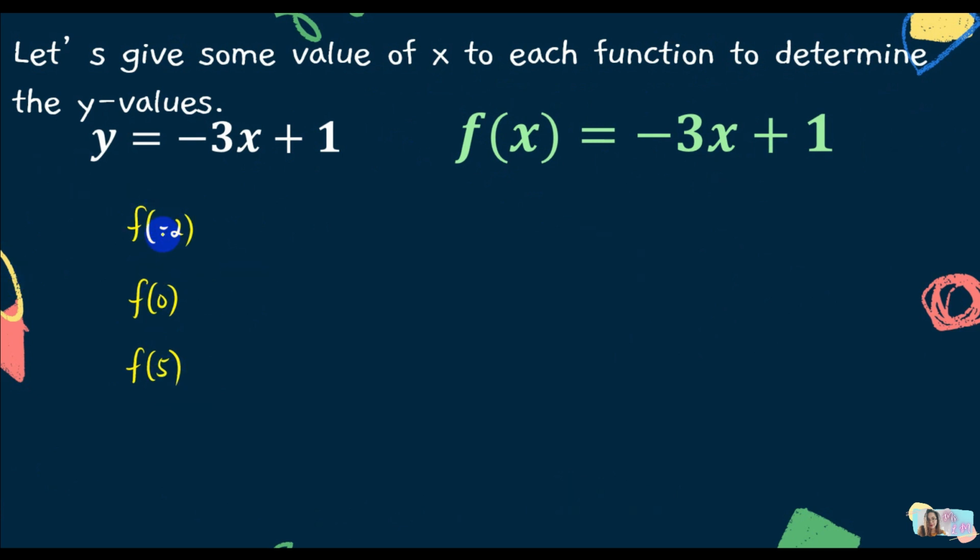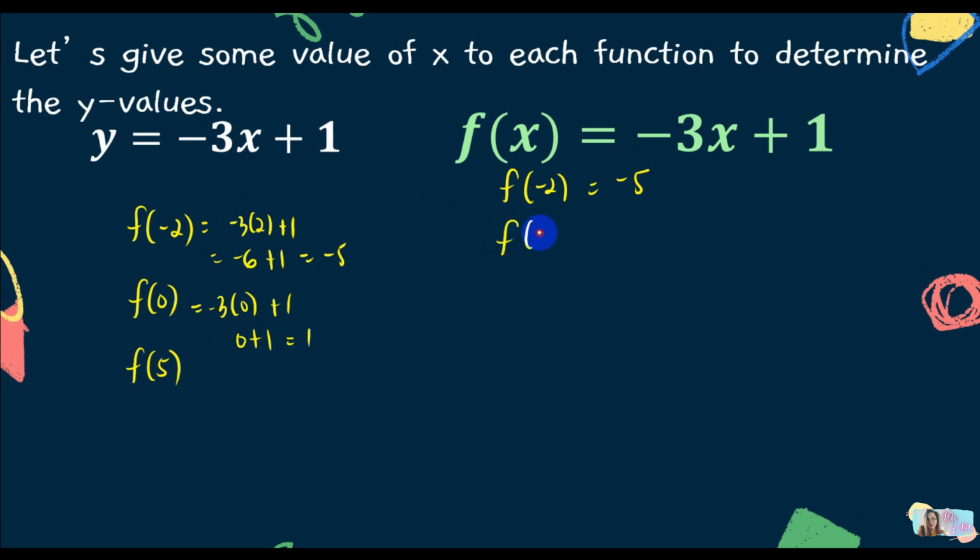Okay? This means for f of negative 2, magkakaroon tayo ng negative 3 times negative 2 plus 1. And negative 3 times negative 2 is positive 6 plus 1. That is 7. So for f of negative 2, the answer is 7. Now, for f of 0, negative 3 times 0 plus 1, that is 0 plus 1, which is equals to 1.